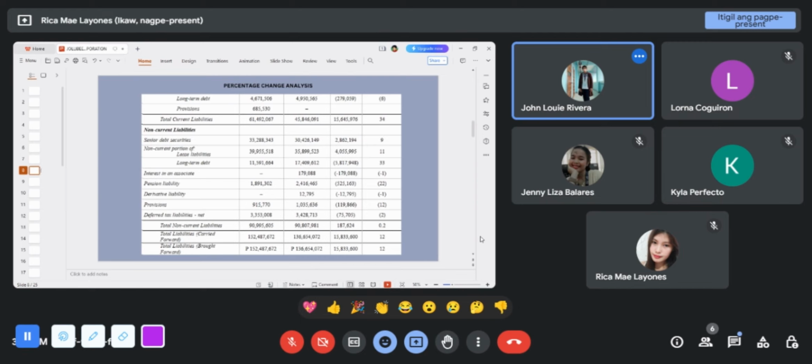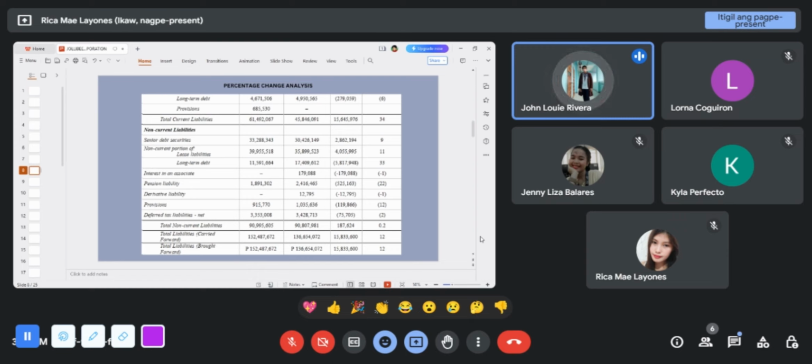Long-term debt, amount negative 279,059, decreased by 6. Provisions, none. Total current liabilities, amount 15,645,976, increased by 34.